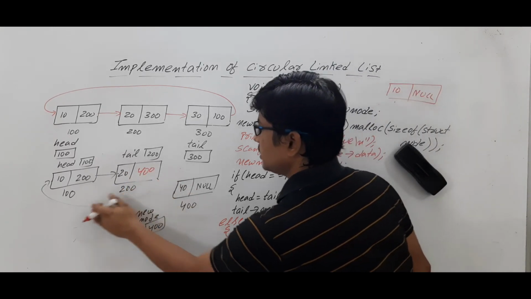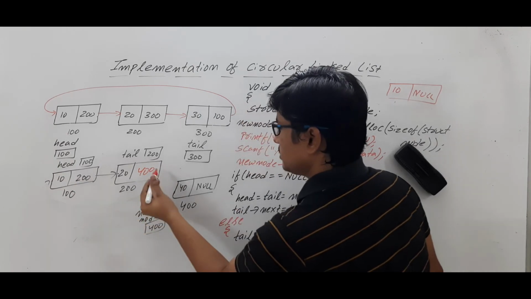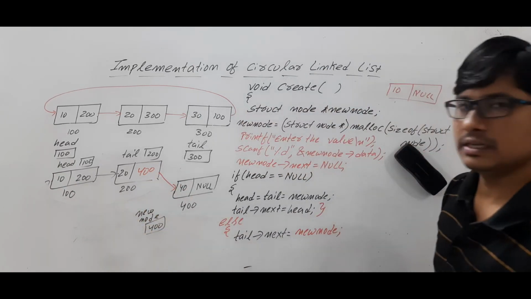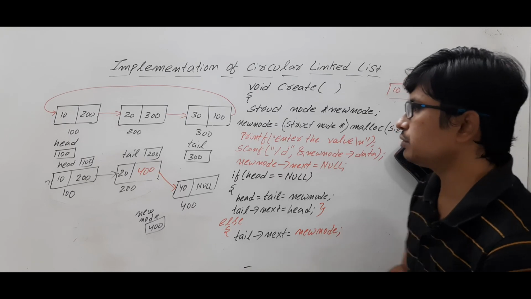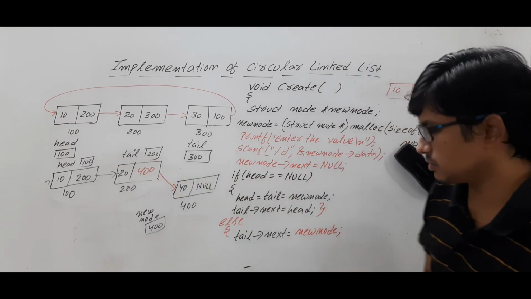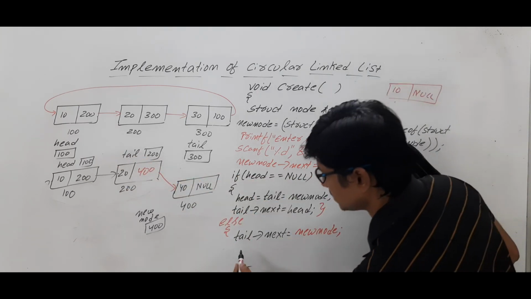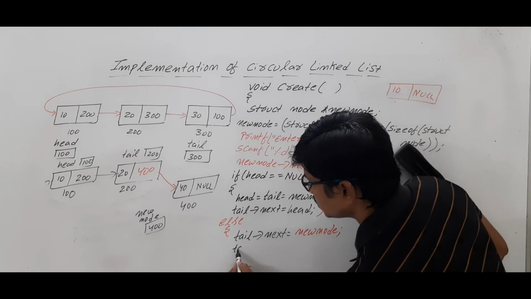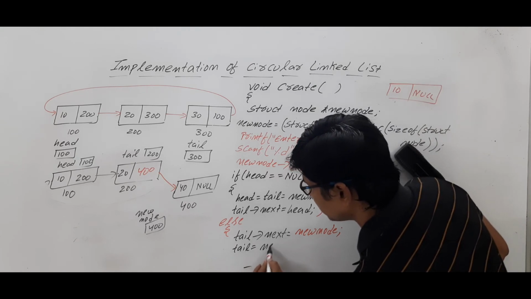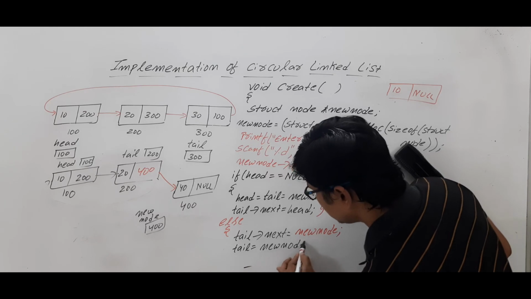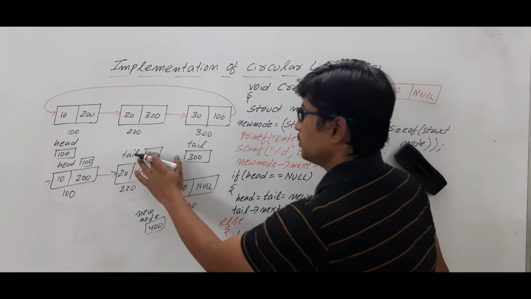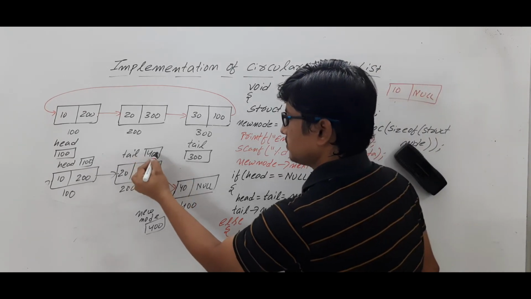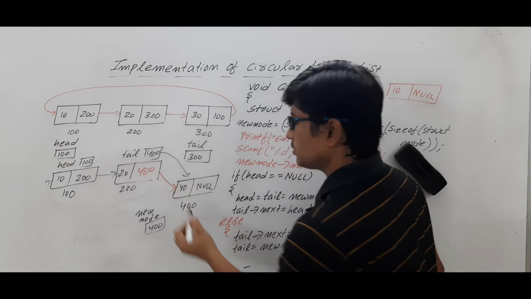So then this link will be broken and this link will be created. Is it clear? Then what you have to do is move the tail here. So you will write tail is equal to new node. Now new node consists of 400, that you are writing here. So now tail is pointing to this node.